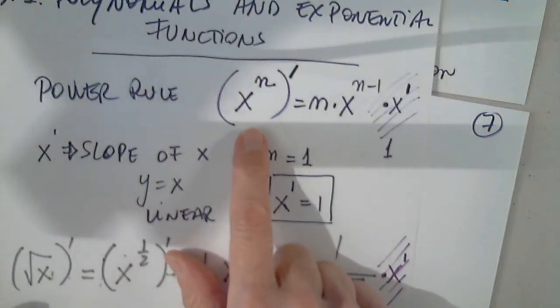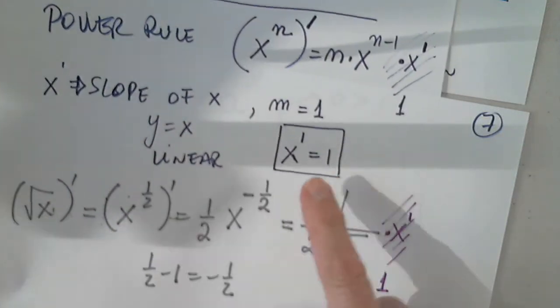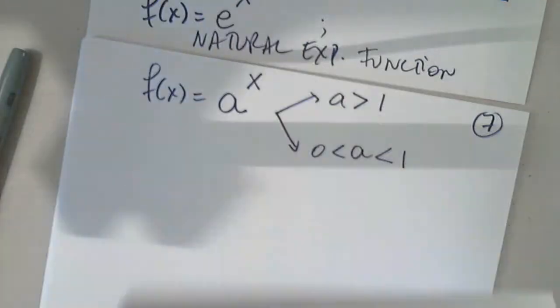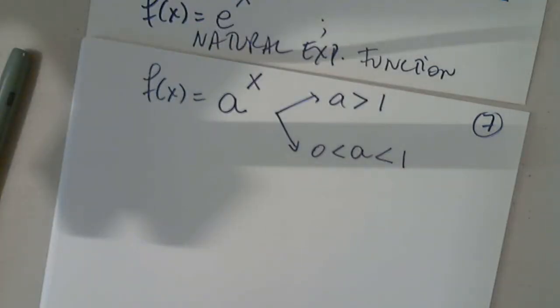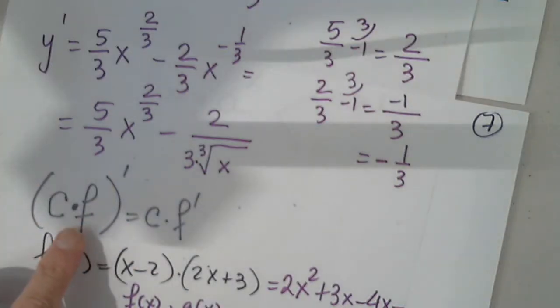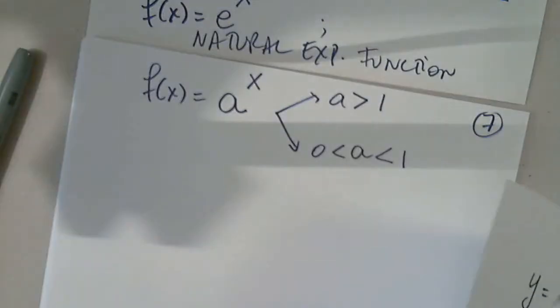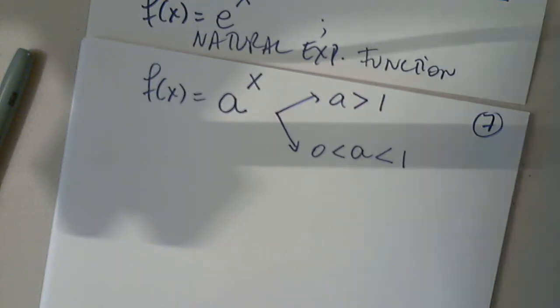We acquired the power rule. X prime is 1. We know the derivative of the square root of x is 1 over 2 the square root of x. And a constant times a function, prime, is the constant times the function prime. And that's basically it. We're going to add this one to the list.